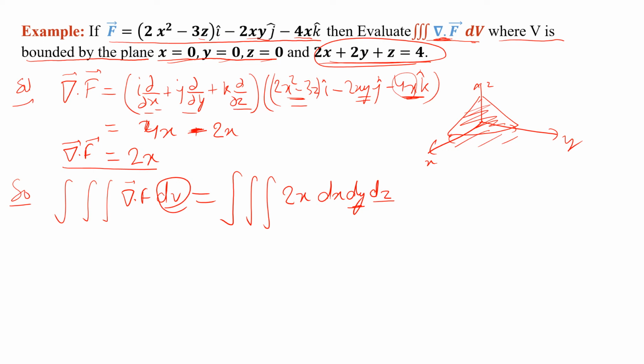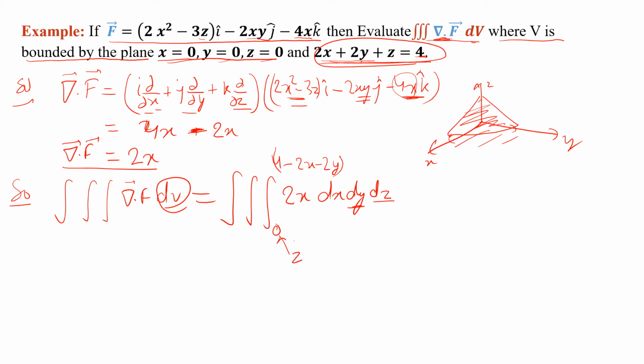So z varies from 0 to 4 − 2x − 2y. This is the limit of z.